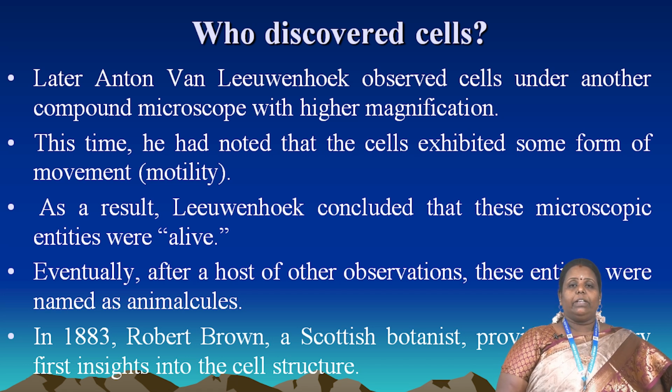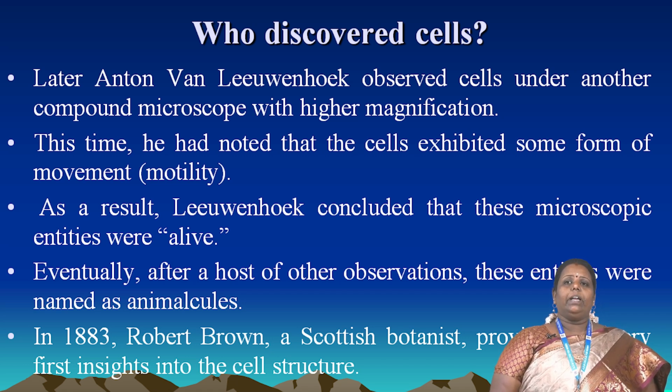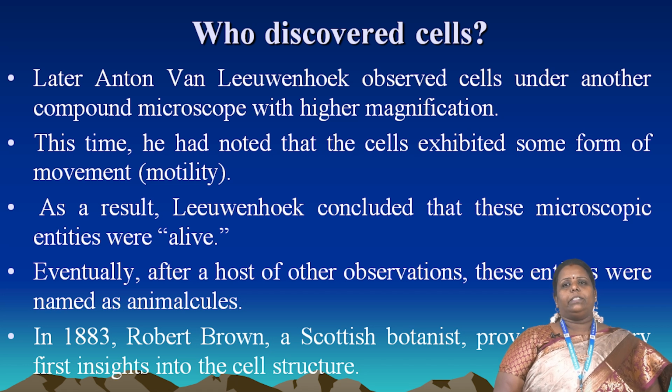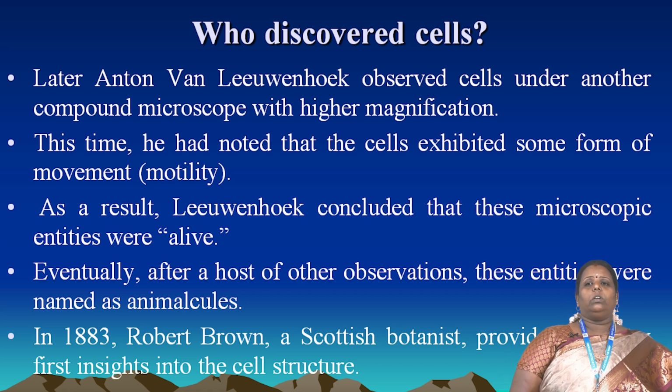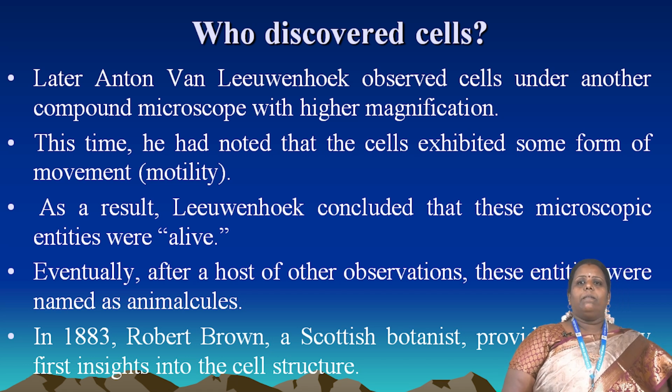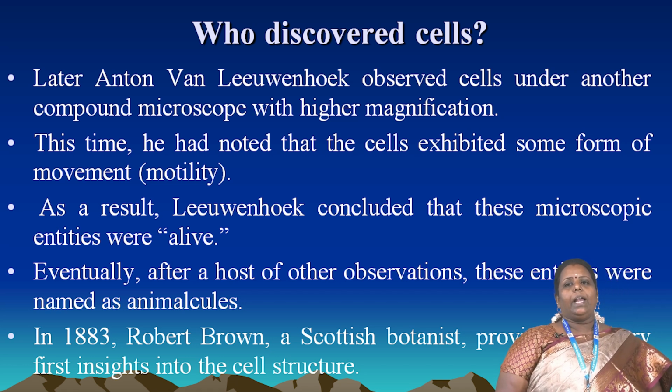That movement is called motility. As a result, Leeuwenhoek concluded that something alive was in the microscope, even after other observations. He named them animalcules. At that time, Anton von Leeuwenhoek also did not know the name cells; he was identifying animalcules.